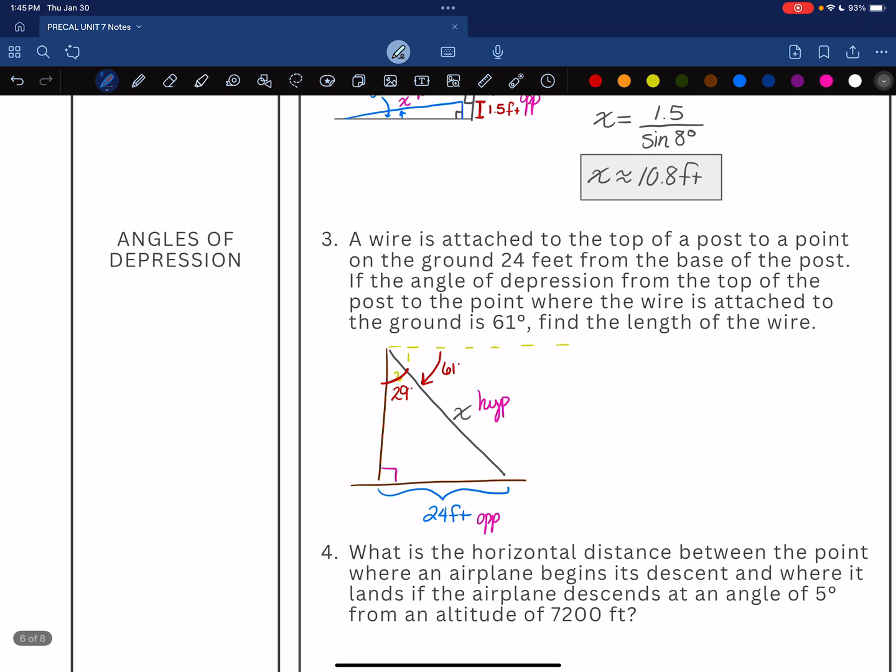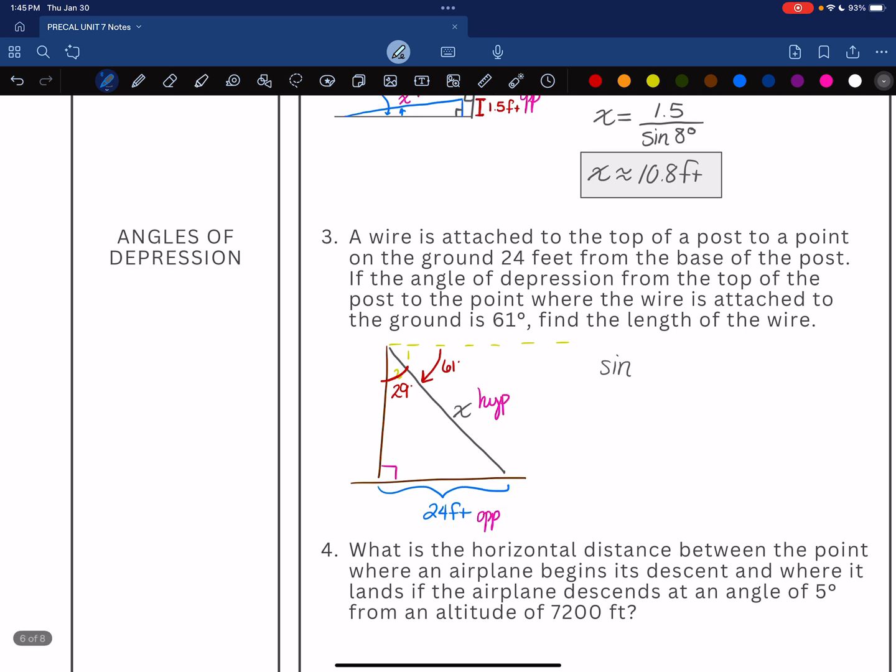That's going to be your sine function again. So sine of 29 degrees equals the opposite side over the hypotenuse. Let's go ahead and solve for X. We'll have to do like we did above and first multiply, then divide by the sine of 29 to get X by itself.